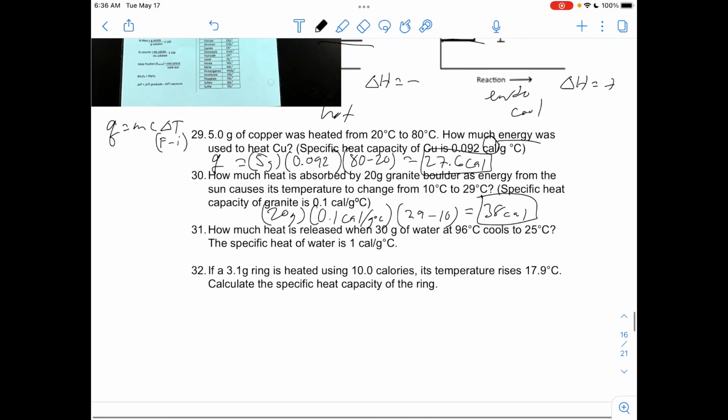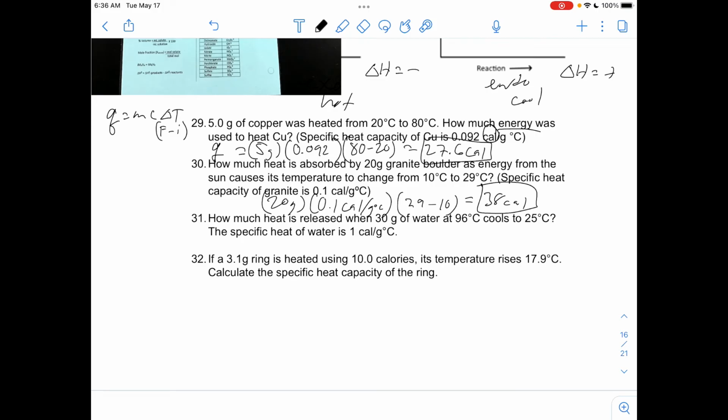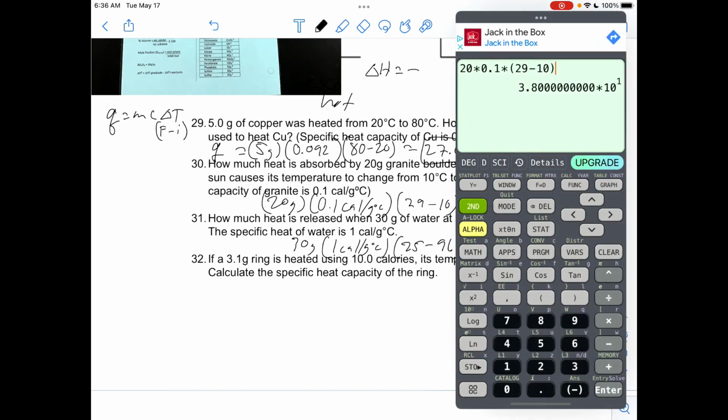The calories on your food labels are kilocalories, so 1,000 of these. Okay, how much heat is released when 30 grams, again 30 grams, 1 calorie, goes from, notice, final is 25 minus 96, so this is going to be a negative number, which means heat was released. 30 times 1 times 25 minus 96.